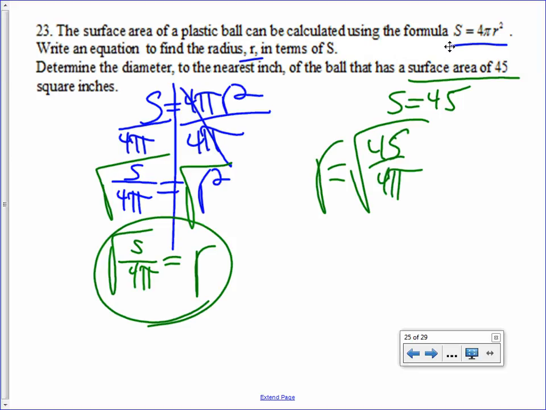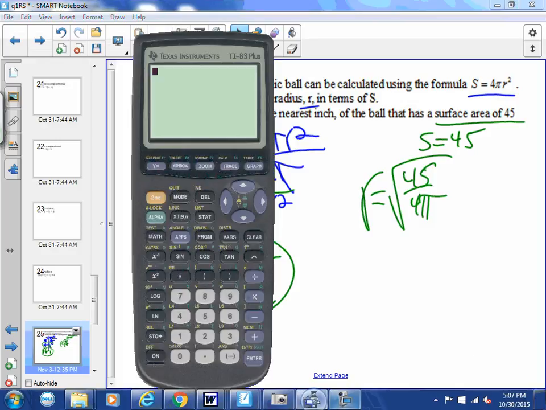Now, I'm going to type that into the calculator. My calculator is not as cool as yours, so it's going to look a little messier. So be aware of that. Yours should look a lot nicer because yours is updated and mine is not. That is the equivalent of what I have to my right there. Let me just make sure I type it in right.